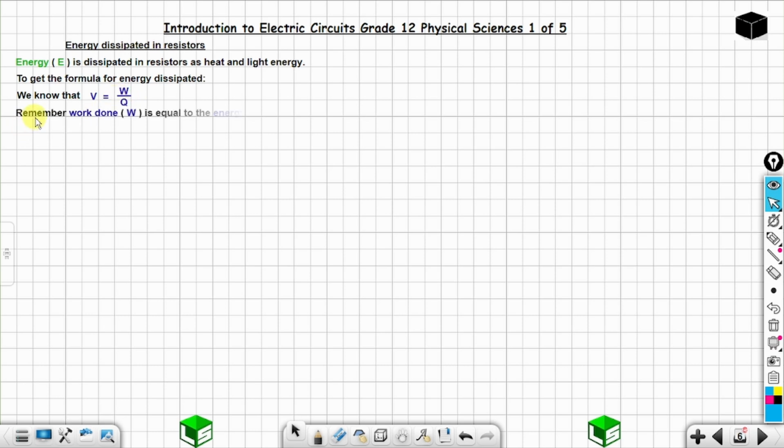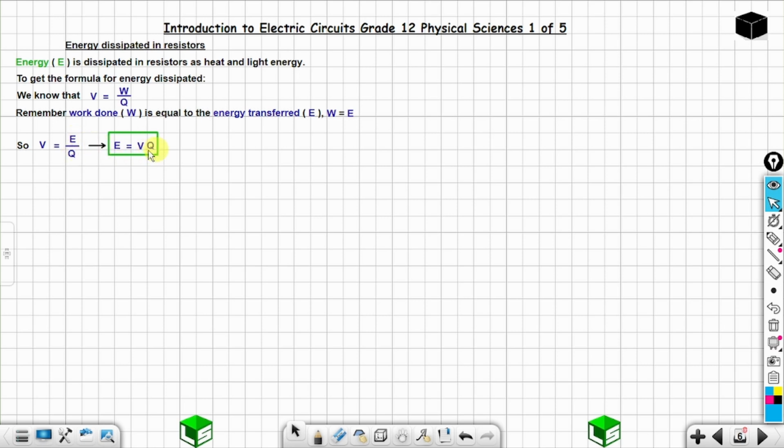And remember, work done is equal to the energy transferred, W is equal to E. So you can rewrite this as, instead of W, you have E for energy transferred over the charge. Now from this, the energy transferred is equal to the voltage times the charge.